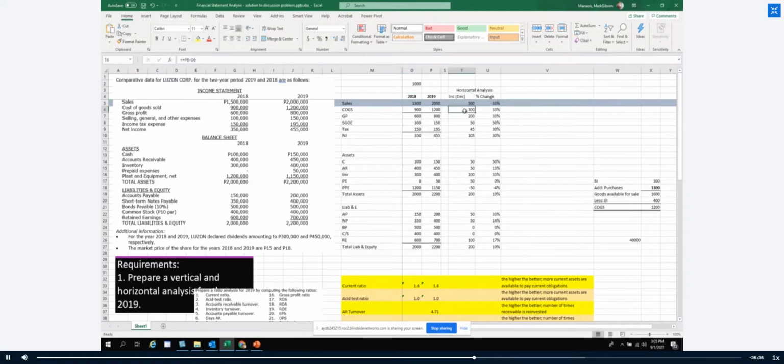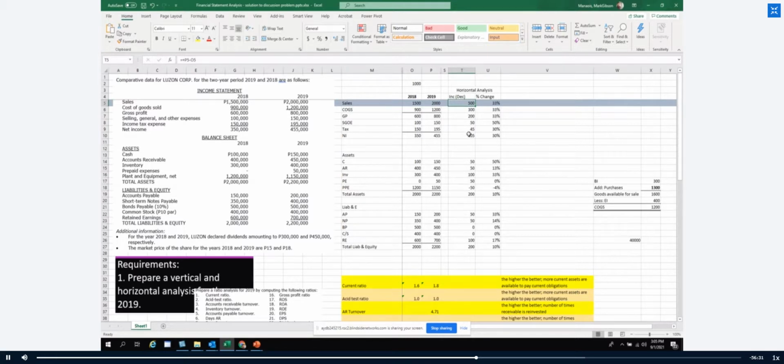So imagine, instead of using your current year as your base, you have used 2018. So that's 1,500,000 less 2,000,000. It will appear like a decrease, when in fact it actually increased. So take note of that.